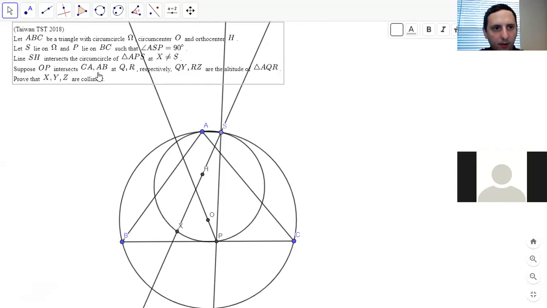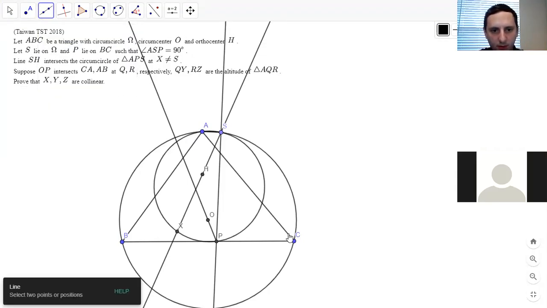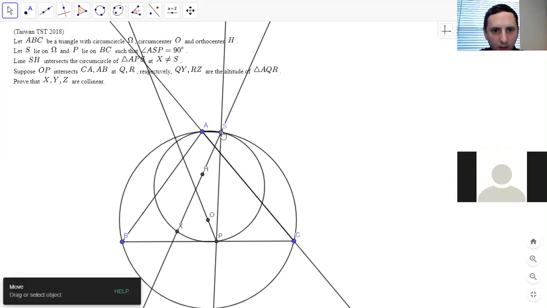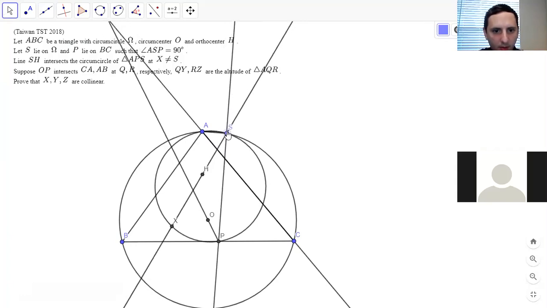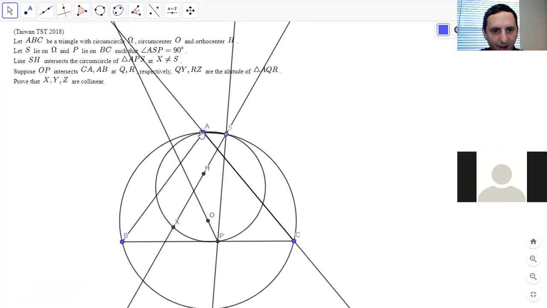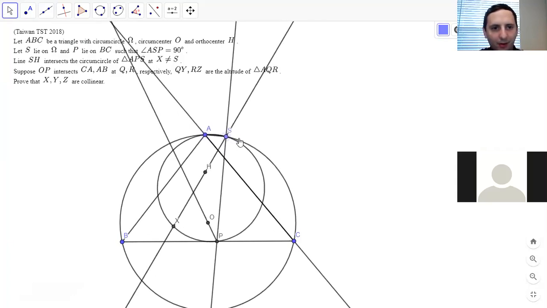Maybe that might work pretty good. So something like that. Yeah, you see the closer A and S are, the less OP and AC are parallel.